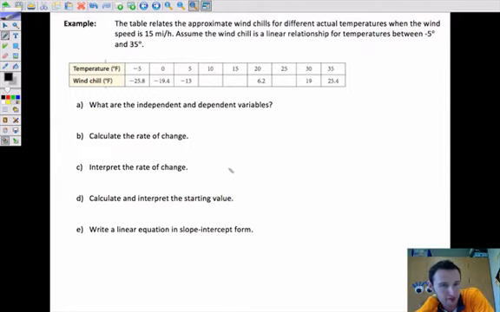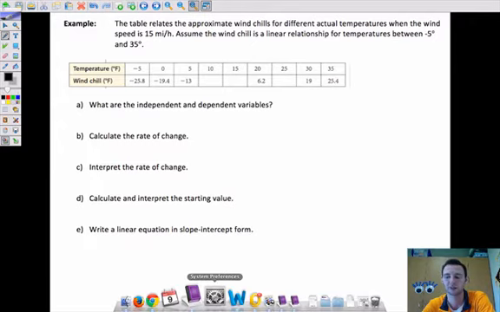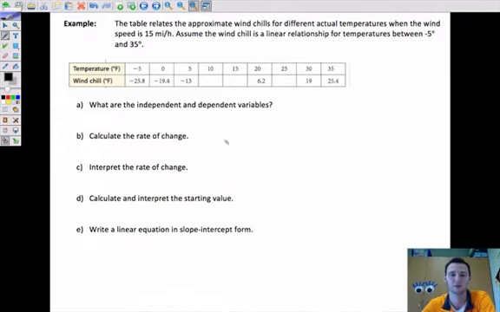An example for you here of a linear relationship. The table below relates the wind chill versus the actual temperature outside. A lot of times the wind chill is what it actually feels like outside, and typically it's colder. If you think in the winter, if it's a low temperature outside, usually the wind chill is lower because the wind is making it feel colder.